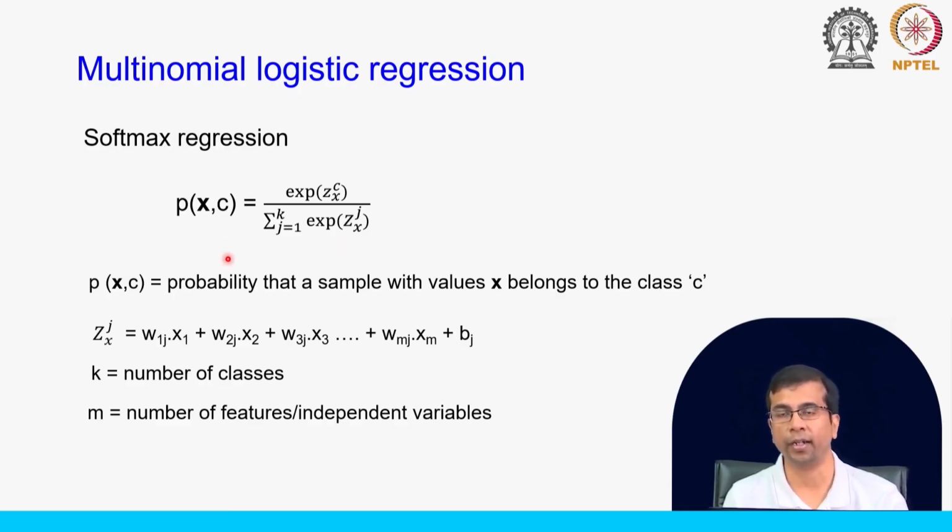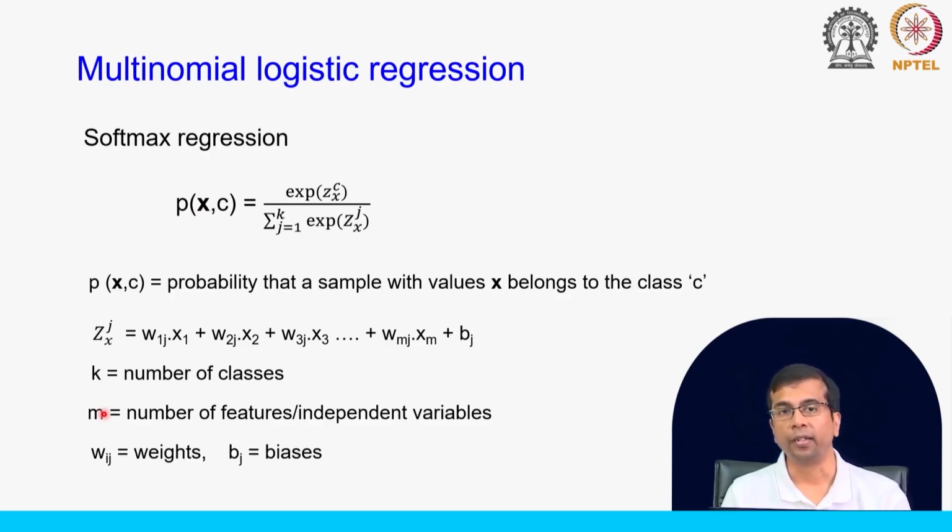So, what is actually happening is that we will calculate this probability for all classes for a specific sample, and the class with the highest probability is likely to be the classification or the prediction for that sample. As you can see, the sum of all these probabilities will be equal to 1.